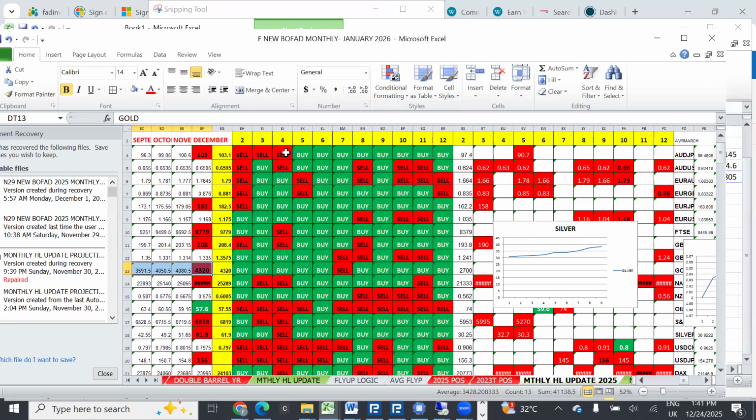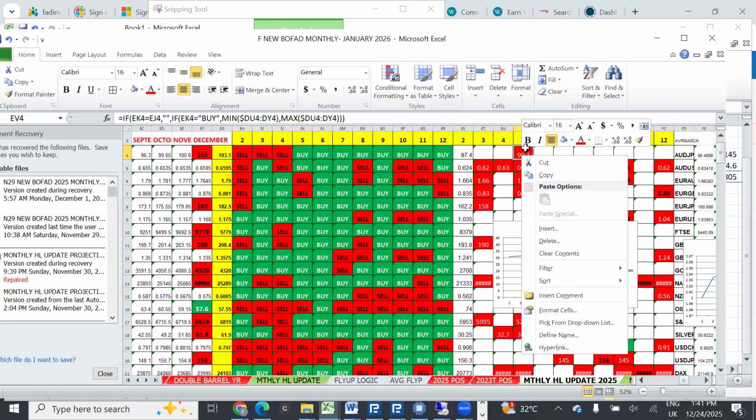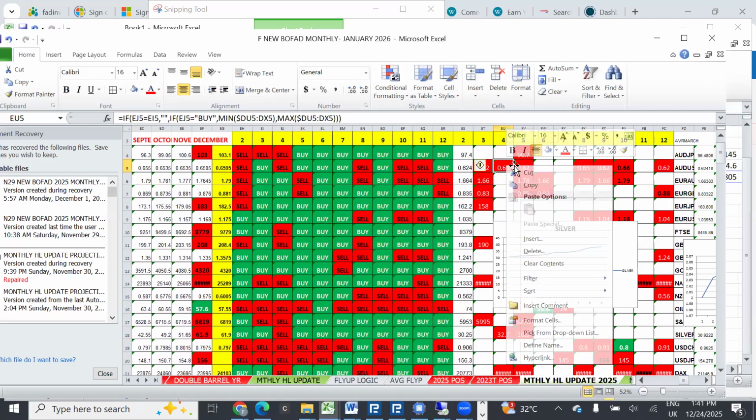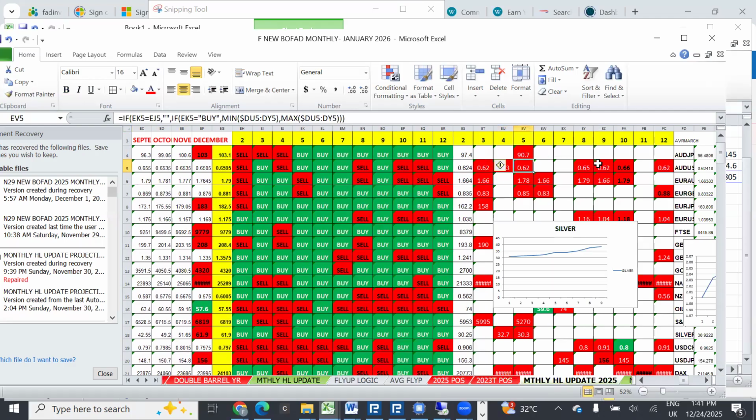Like I told you earlier, this was a buy at 90.7. Here, you can see this was a sell at 0.63 initially, a buy at 0.62, and then a sell at 0.65, a buy at 0.62, a sell at 0.66.